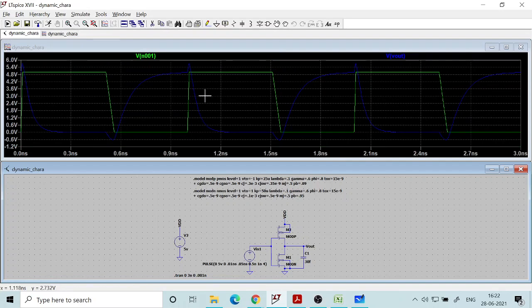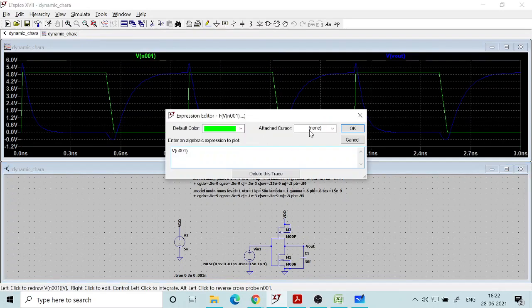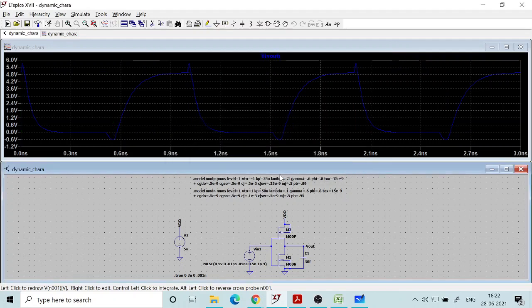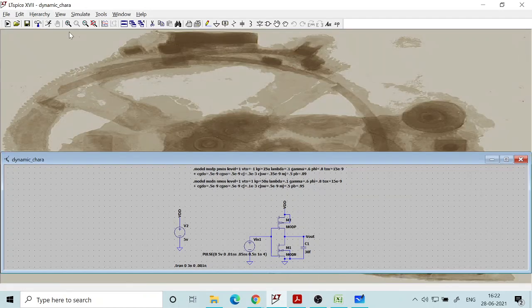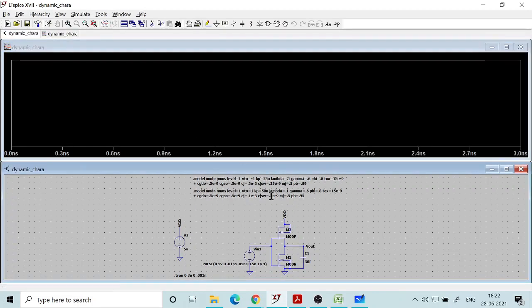So here what you do is you take this cursor.